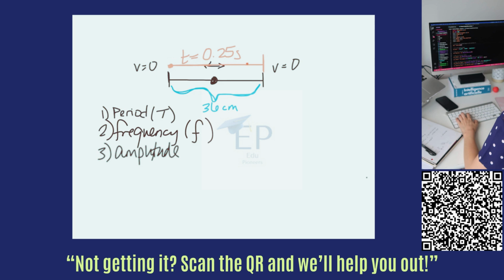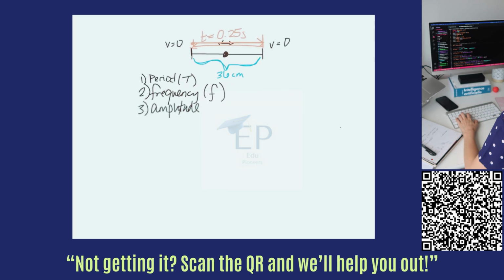So first thing first, period, how long it takes for this object to oscillate from one position of 0 velocity through the center to the other and back again. In order to do one full cycle, the particle has to end up exactly where it started. So one full cycle is the distance there from left to right and then back right to left. We know that it takes 0.25 seconds for the object to go one way, so it would make sense that it would also take 0.25 seconds for it to go the other way.